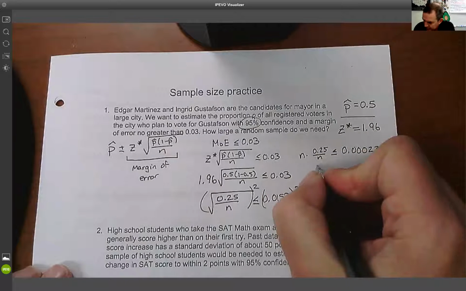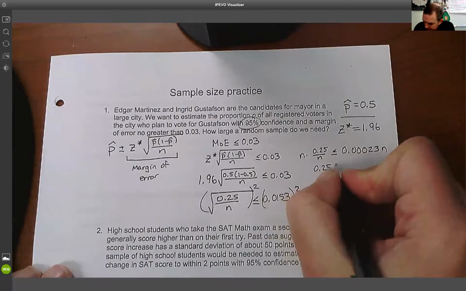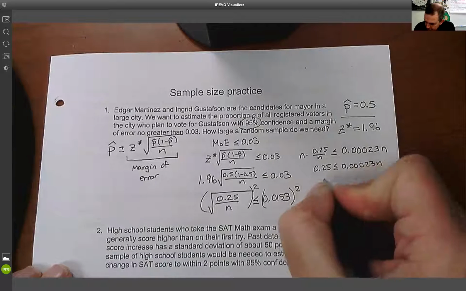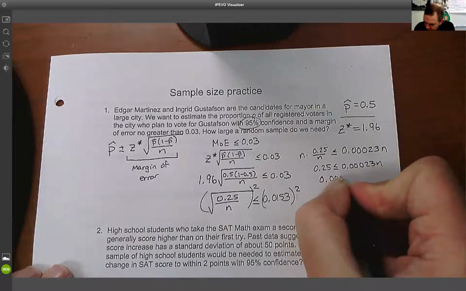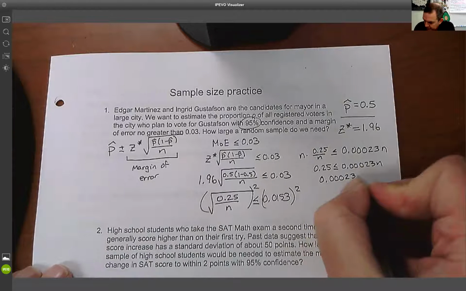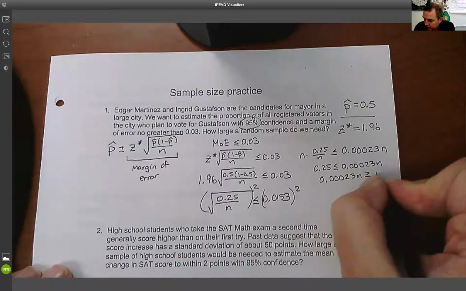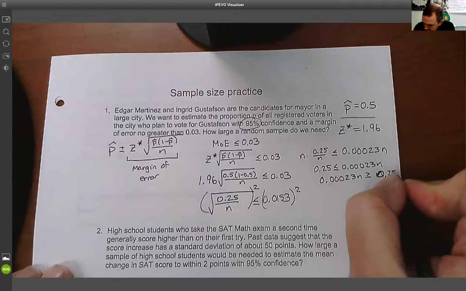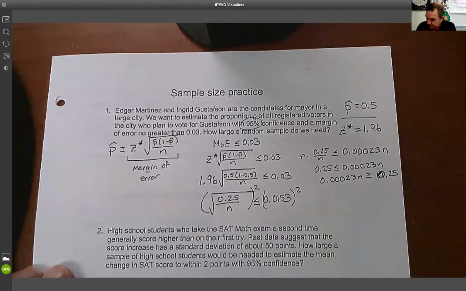What I'm going to end up with is 0.25 is less than or equal to 0.00023N. I'm just going to turn it around because we're used to having the variable on the left side. So N is greater than or equal to 0.25.